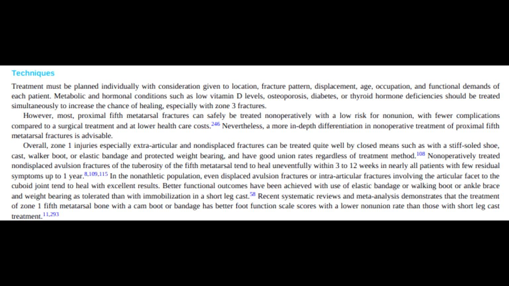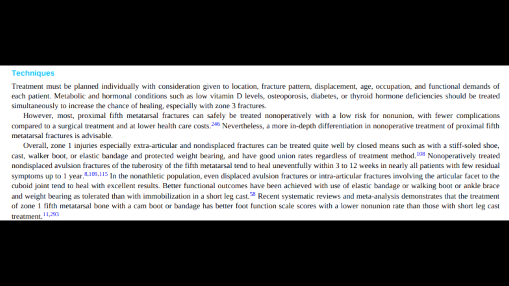For most proximal fifth metatarsal fractures, a non-operative strategy is safe, with a relatively low risk of non-union and fewer complications than surgery, at a lower cost. But the Rockwood text emphasizes that we should still differentiate carefully between the various zones, because the prognosis is not the same for all of them.